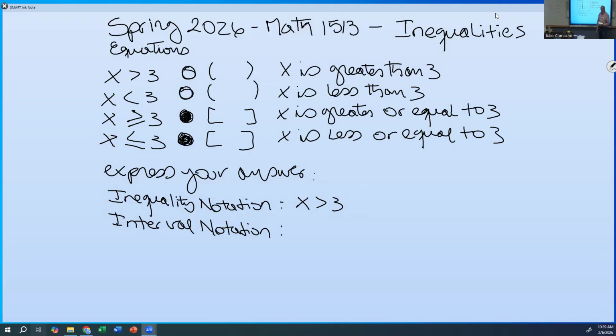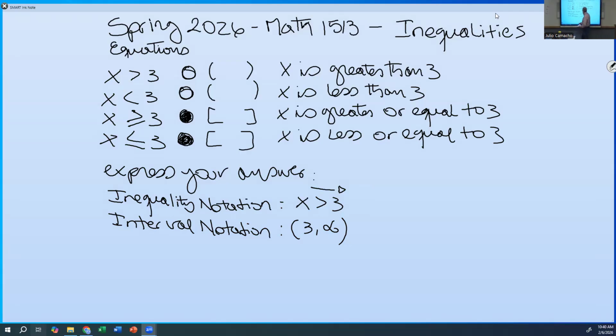All the values are to the right, so your arrow is going to the right. When you write this, you open parentheses, you have your 3, a comma, and where will this arrow end on the right? Infinity. So you put infinity and close your parentheses. That will be interval notation.